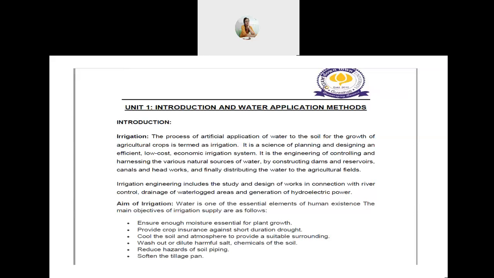Let me tell you the aims of irrigation. Water is one of the essential elements for human existence. The main objectives of irrigation supplies are, firstly, ensure enough moisture essential for plant growth.